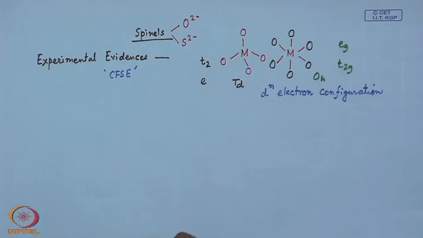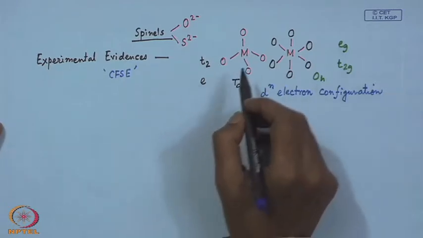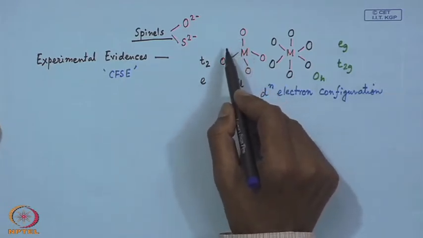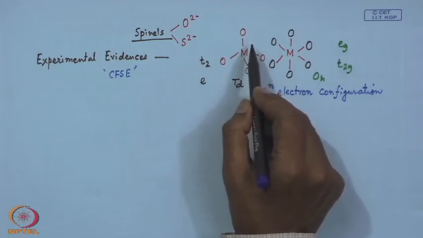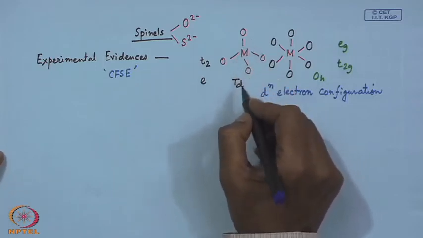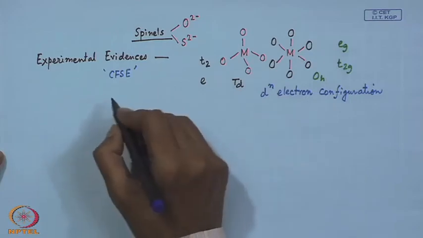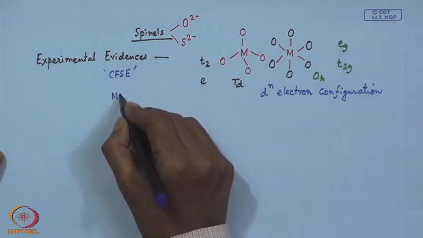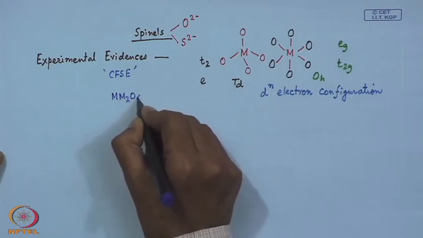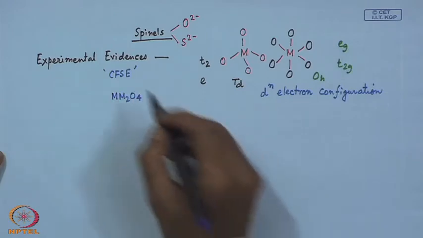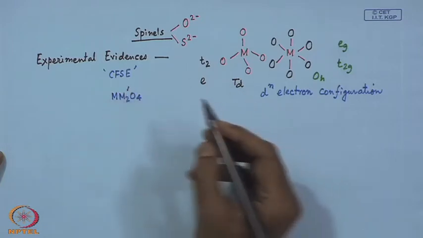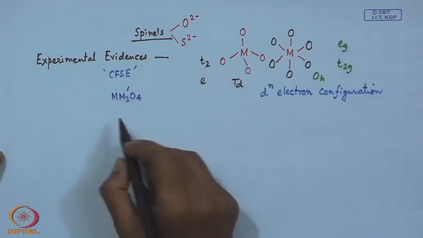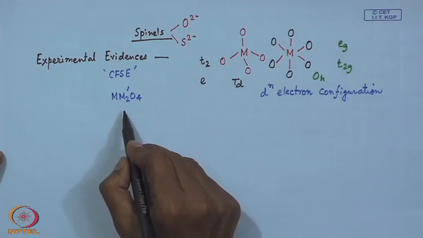When we calculate the corresponding stabilization energy, we find the preferential site occupancy for some of these metal ions in different electronic configurations for a typical spinel structure, where we have the M M prime 2 O4 type of formula.